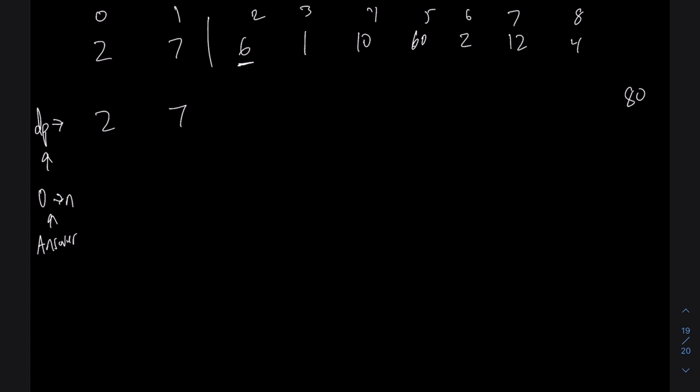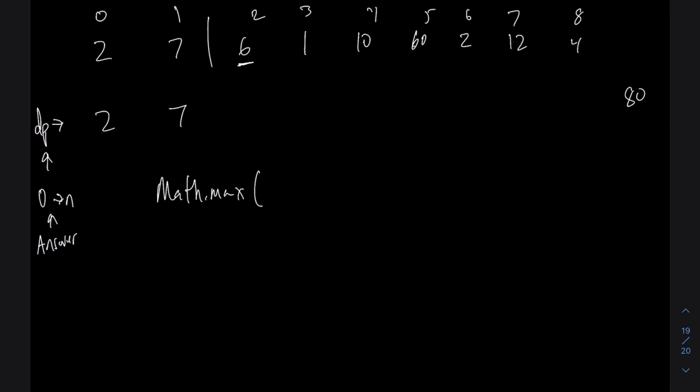So every time we reference this index, we have two choices. One, we can add the amount of money at this house, plus the answer from 2 indices before, or we can choose to just move this 7 over.